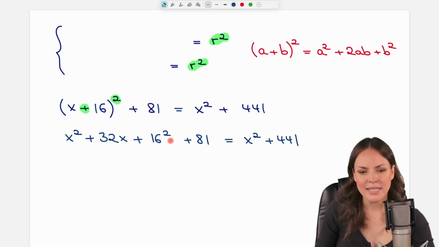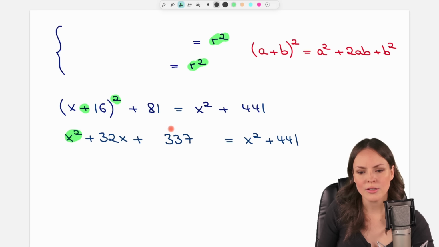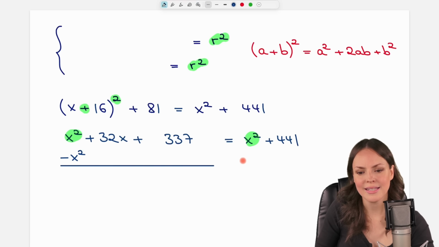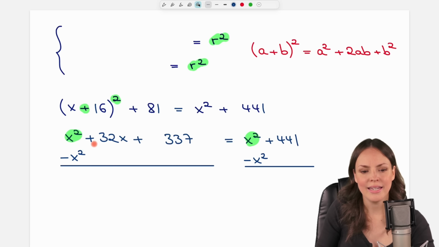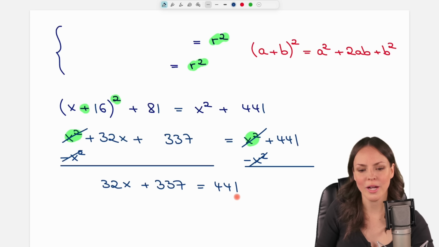Okay, let's calculate a little bit. 16 squared equals 256. If we add the 81 to this, we get 337 here. Let's get rid of the x squared here and here by subtracting x squared on both sides of the equation. It cancels out here, which is great, and we only have the rest of this here on this side, and on the other side also cancels out, and we only have the 441.